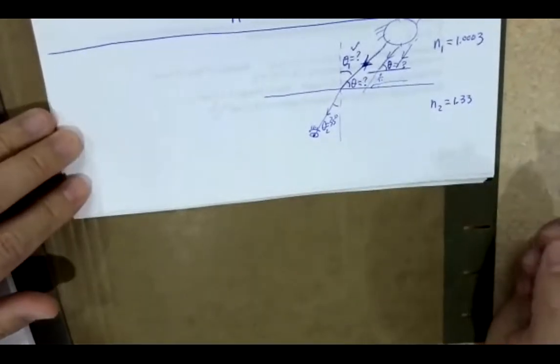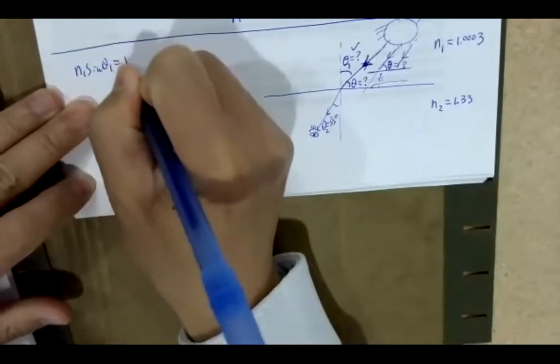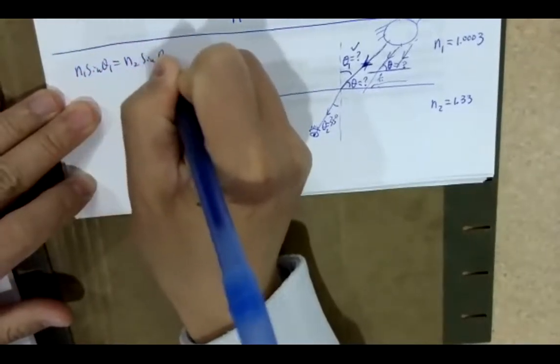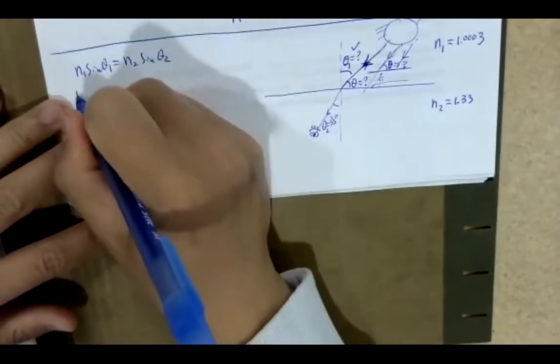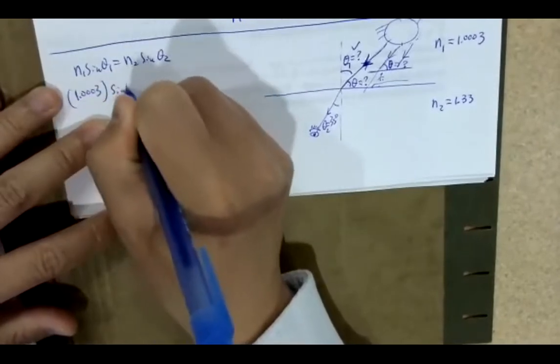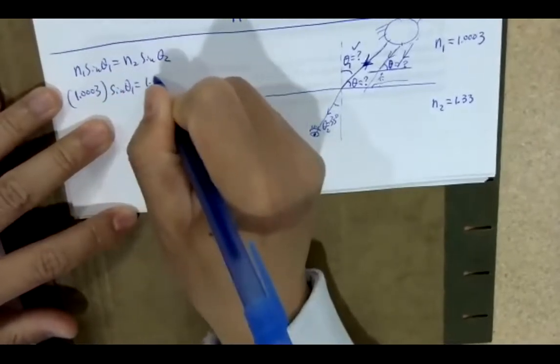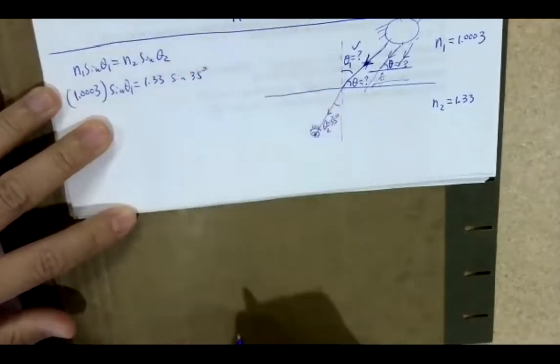So you can apply Snell's law here. N1 sine theta 1 equals N2 sine theta 2. You're looking for theta 1. So 1.0003 times sine theta 1 equals 1.33 times sine of 35 degrees.